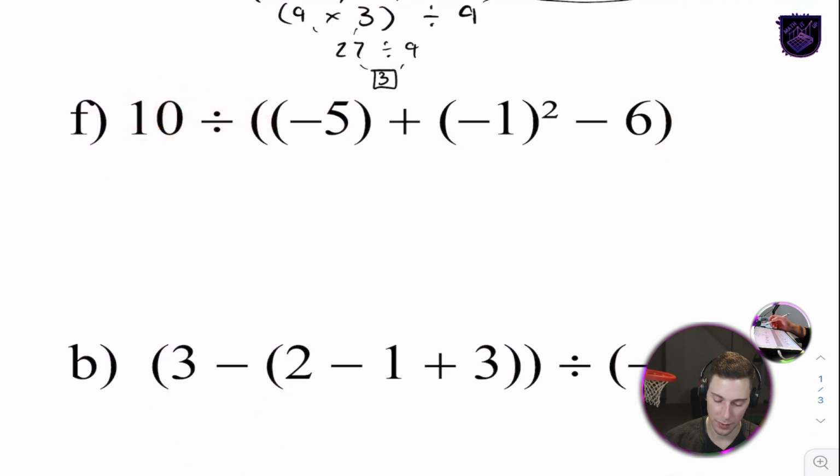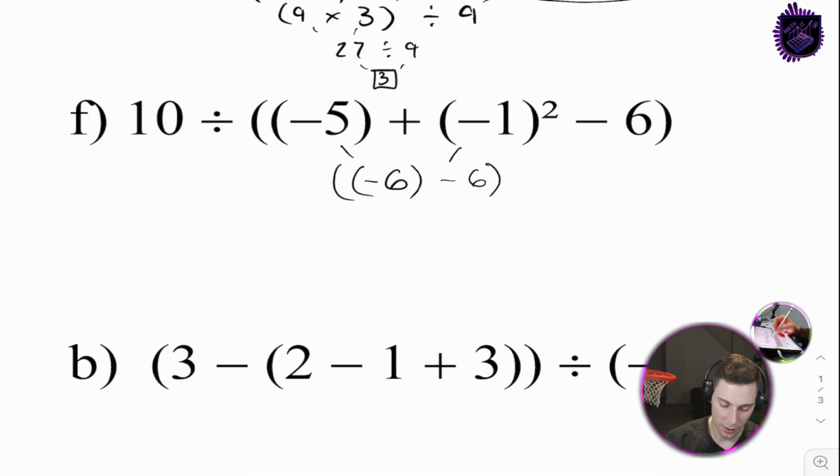Okay, so 5 plus -1. So -1 squared, which is 1. So this is going to be 6, -6. I'm adding a negative, minus 6, parentheses still, 10 divided by 6 minus -6. No, this can't be right.